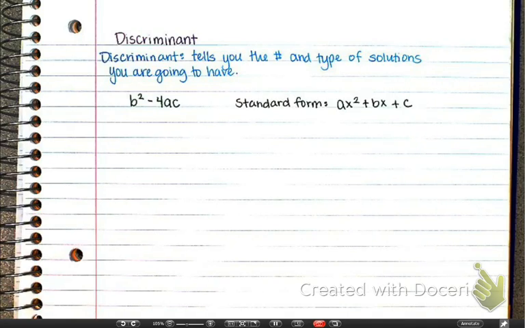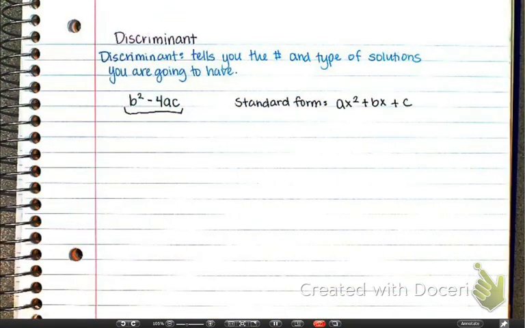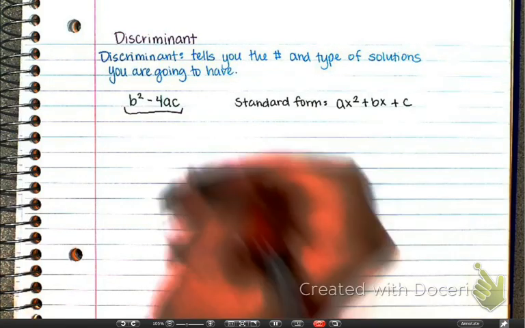But then we're going to use, again, b squared minus 4ac to find the number of solutions and the type of solutions that we get. So here are our 3 different cases.